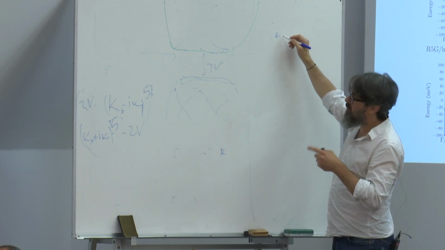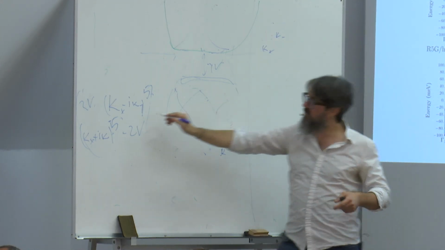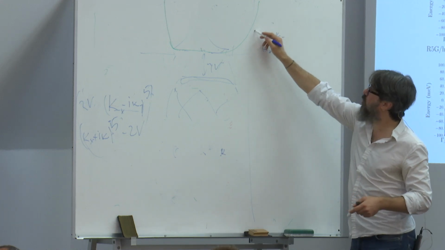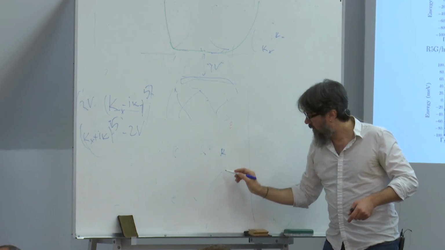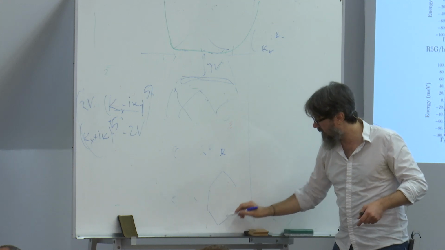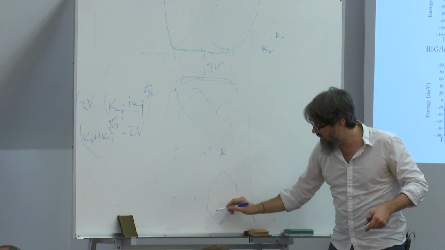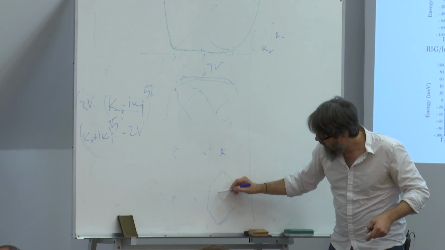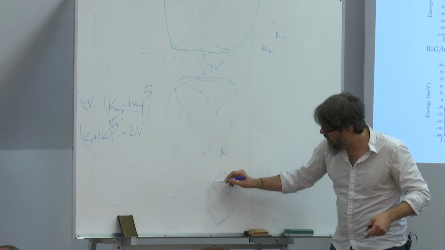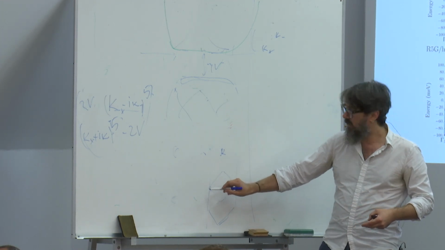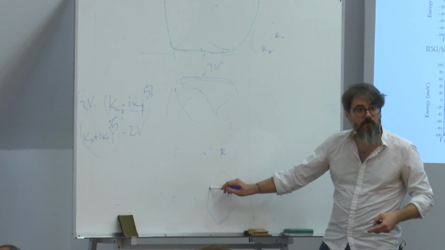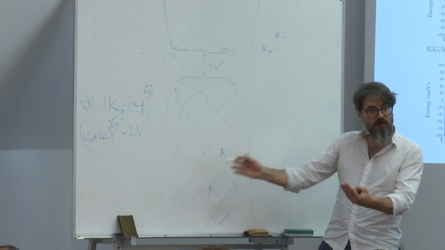So you have, let's call it K minus, K plus. This is K minus, this is K plus. This is one layer, but then the rhombohedral stuff has this unit cell, the next unit cell is like this, the next layer is like this. So you only have hopping between the A of one layer and the B of the next layer.